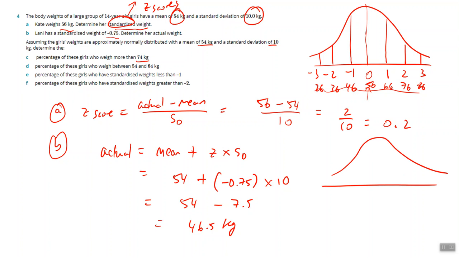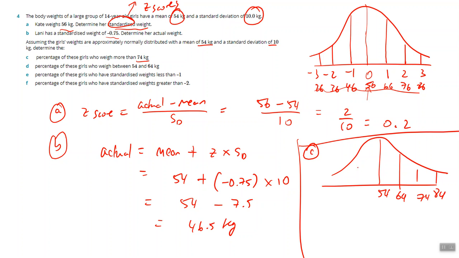So what that's saying is, it's a different question. We've got a mean of 54 and a standard deviation of 10. Okay, so this is a different part of the question. So for part C, we've got 54, 64, 74, 84, 44, 34, 24. Okay, more than 74 kilograms is this region.